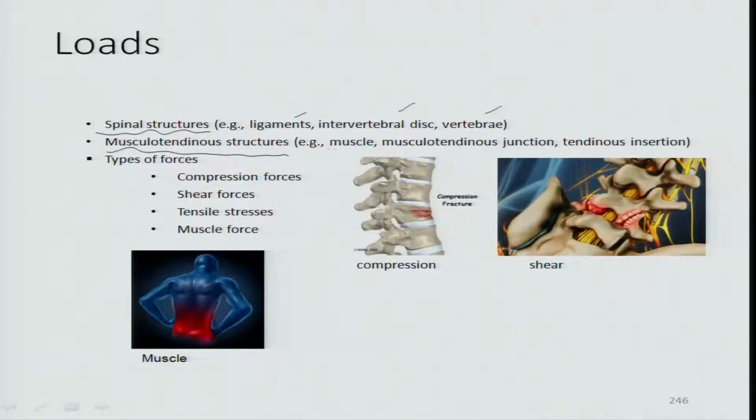There are components like muscles, musculotendinous junctions, tendinous insertions, and the types of forces such joints produce are compression forces, shear forces, tensile forces, stresses and muscular forces. Some defects are shown here. For example, what shear can do in terms of damaging the spinal structures, or what compression and subsequent compression fractures do to overall joint strength, is illustrated in this schematic.